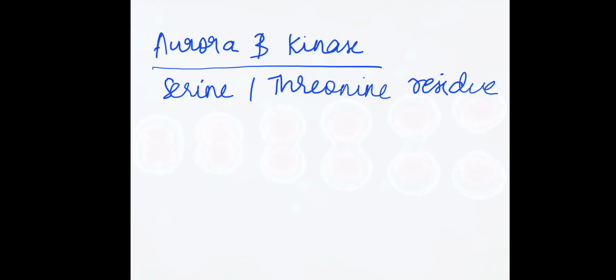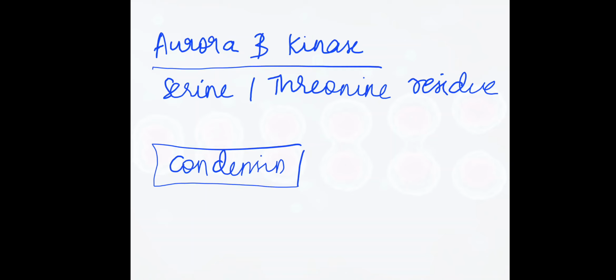You have come across this Aurora B kinase before, during the discussion of the role of mCDK during mitosis, where condensin protein was phosphorylated systematically by cyclin CDK, Polo and Aurora B kinase, right?